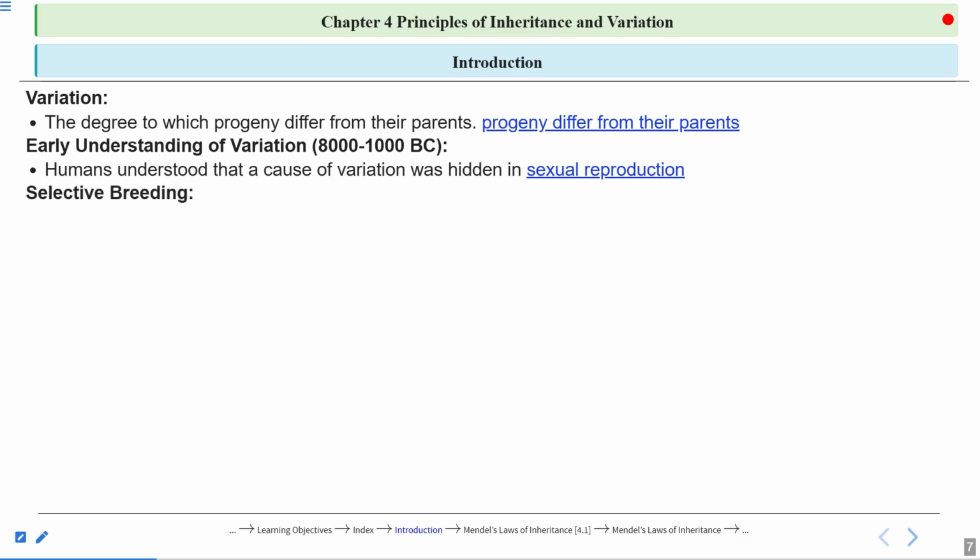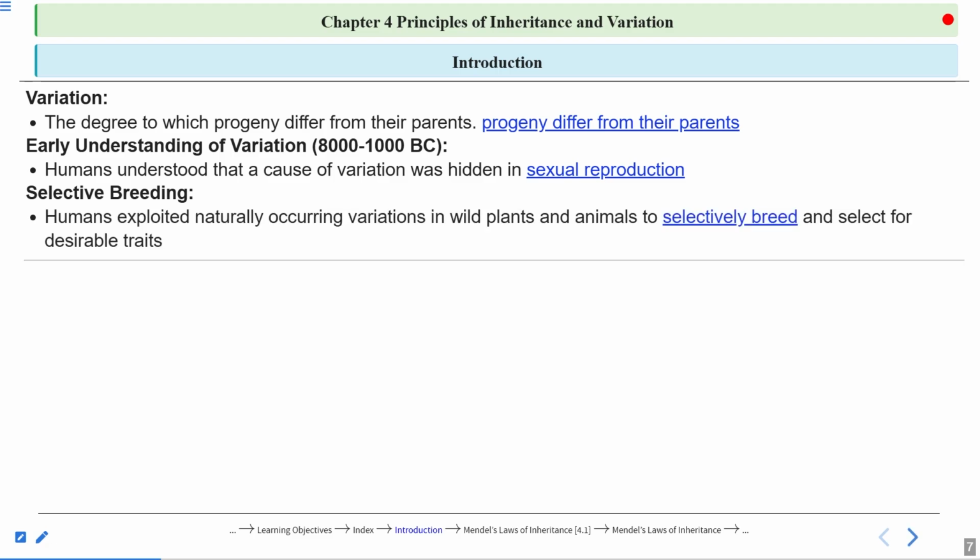Now what they did was selective breeding. Humans exploited naturally occurring variations in the wild plants and animals to selectively breed and select for desirable traits. So what did early humans, our ancestors, do? They exploited the naturally occurring variations in the wild plants as well as the animals, and they started selectively breeding.